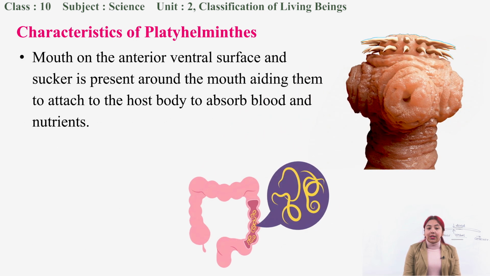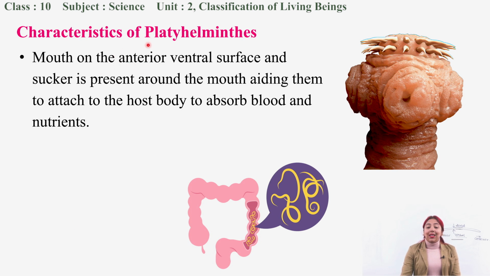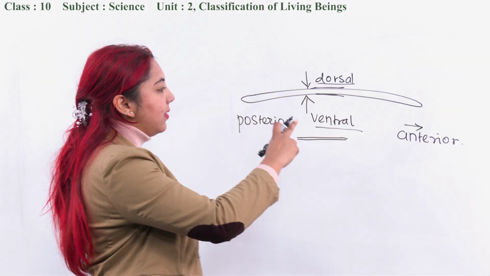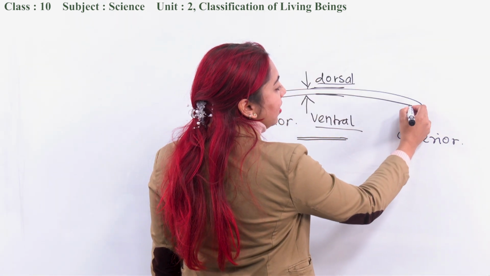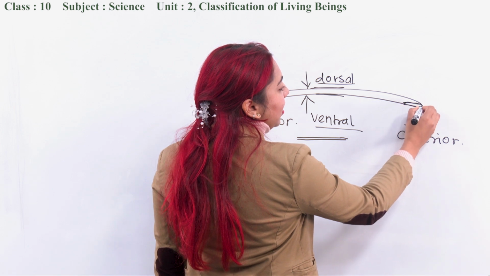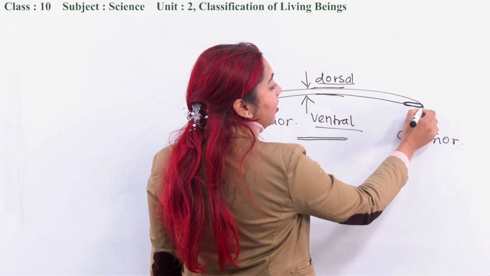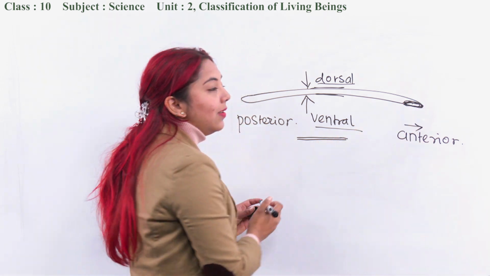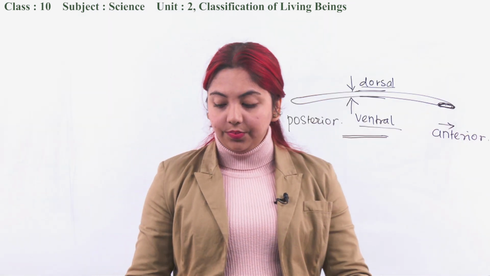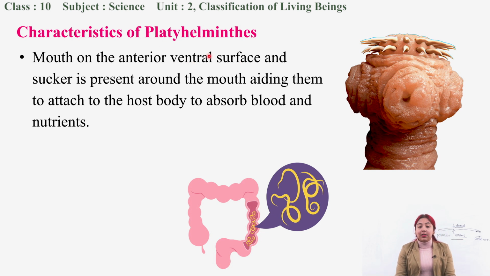Now, another property is their mouth is in the anterior ventral surface. From here you can see this is the anterior surface, this is the ventral surface. So this region is known as the anterior ventral region. So the mouth is present in this region. The mouth is on the anterior ventral surface, and a sucker is present around the mouth, aiding them to attach to the host body.